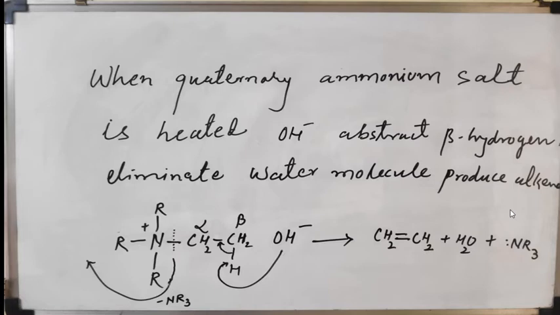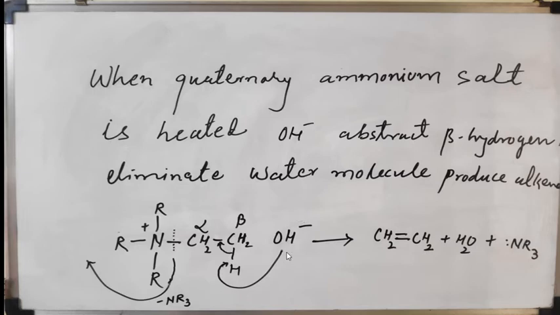Okay, so it's a quaternary ammonium salt, and this nitrogen is attached with the 4 alkyl groups, 1, 2, 3, and this is the entire alkyl group having the positive charge, and this molecule is associated with OH minus as the negative charge.